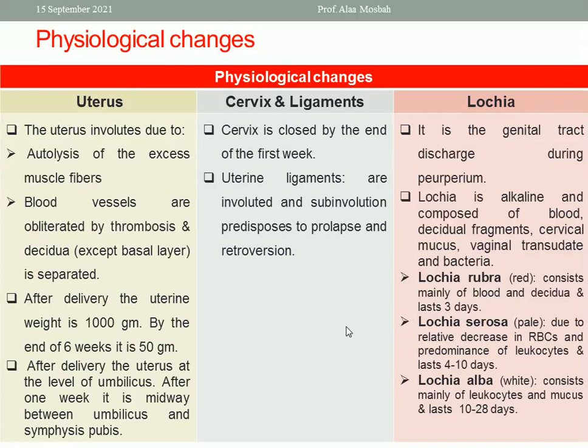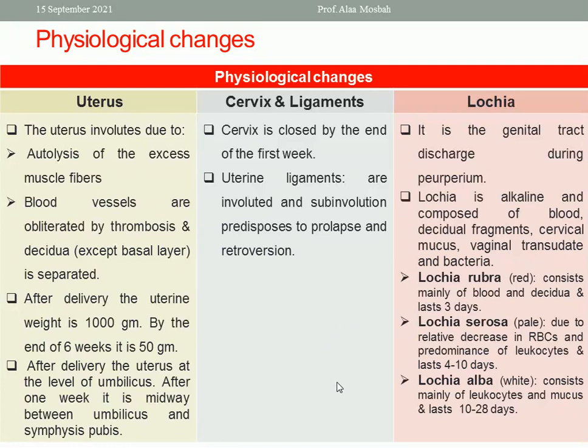However, this weight markedly decreases by the end of 6 weeks postpartum, reaching 50 grams. After delivery, the uterus is at the level of the umbilicus. After 1 week, it is midway between umbilicus and symphysis pubis, and the level of the uterus decreases by 1 centimeter each day until it becomes a pelvic organ 6 weeks postpartum.